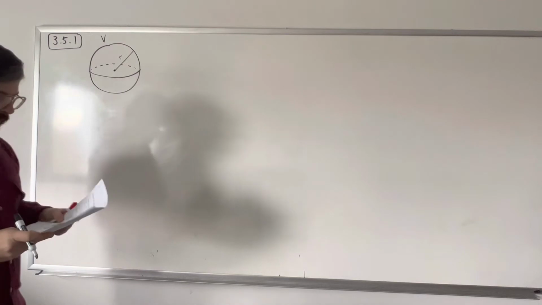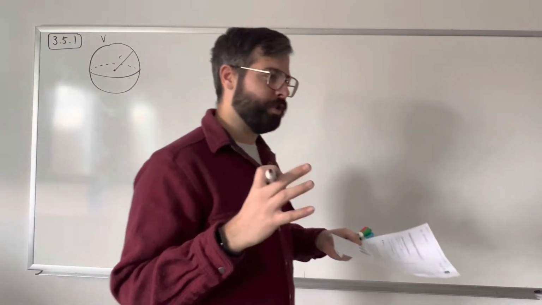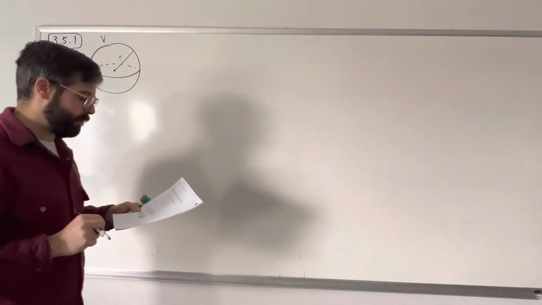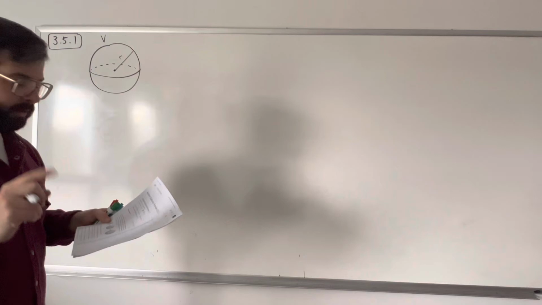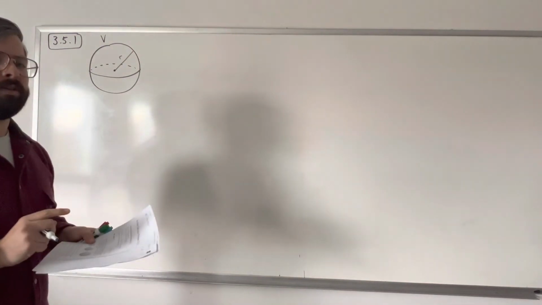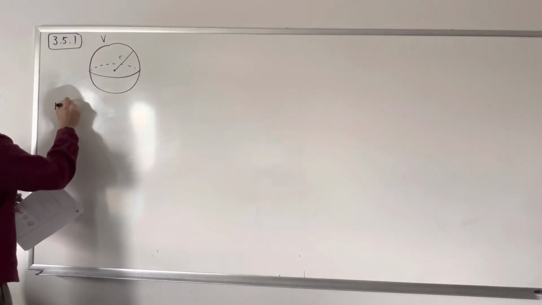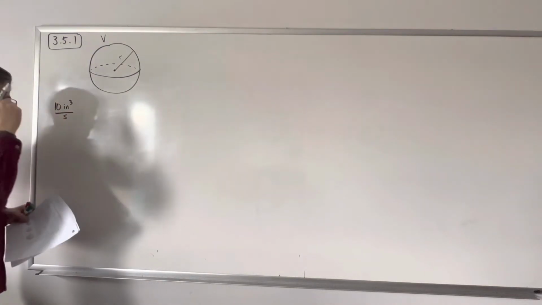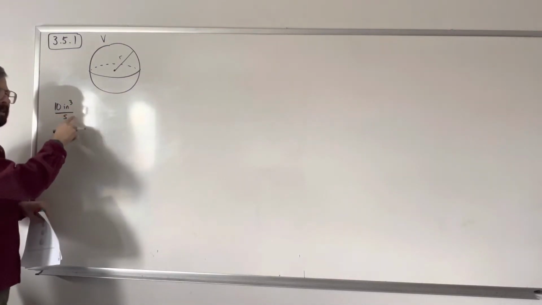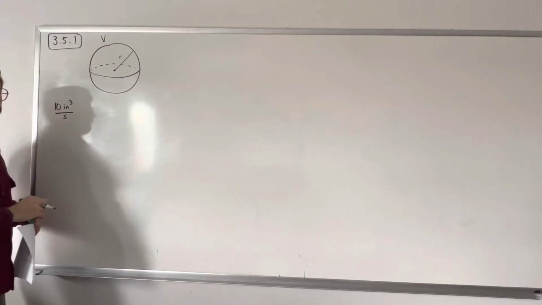Reading through, we see a spherical balloon is being inflated. So the volume's changing, the radius is changing. It says it's being inflated at a constant rate of 10 cubic inches per second. What my brain thought of when that came up was, oh, the units, inches cubed per second, is volume per time.